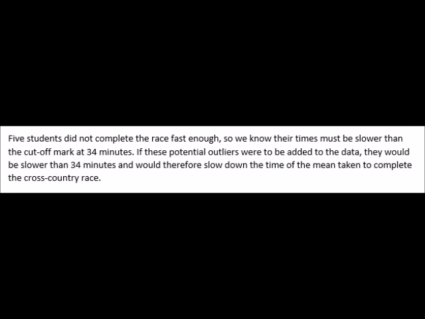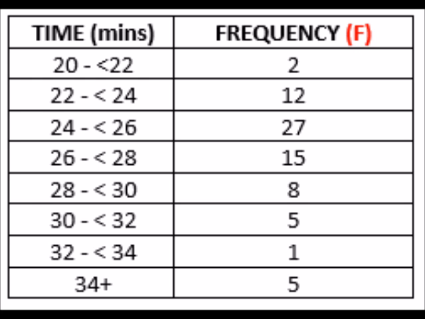The final part of this question, part D, is also a worded problem, with the question asking, how might we include these 5 students' times in the data to include them on the histogram? We know that the 5 times are slower than 34 minutes. However, we do not know their actual time since they did not finish.